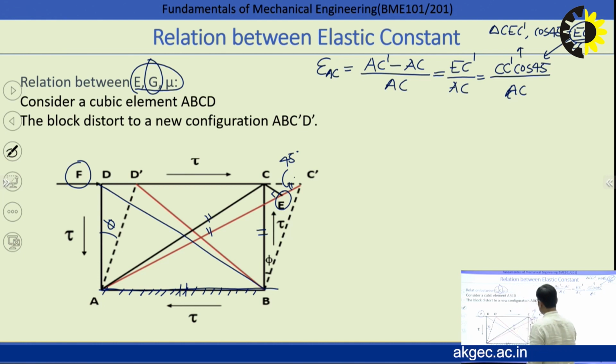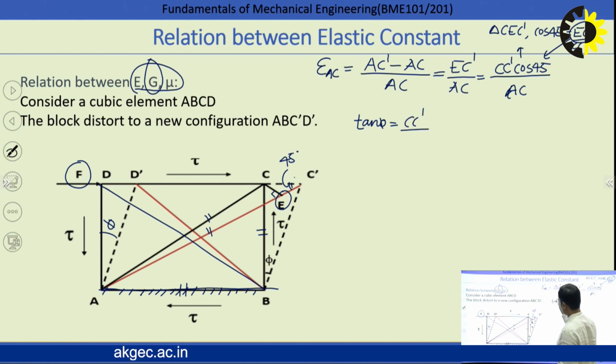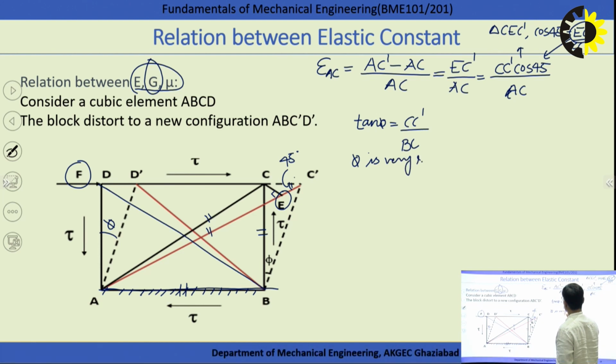And what is the value of EC? We can write it in terms of tan phi. In this triangle BCC dash, if we take tan phi, it is CC dash over BC, right? If phi is very small, as I am saying, tan phi can be written as phi.